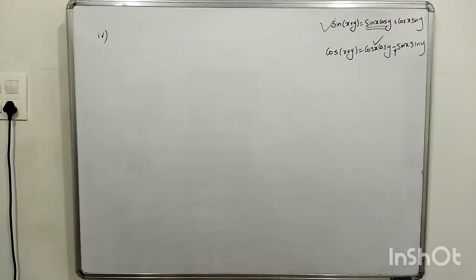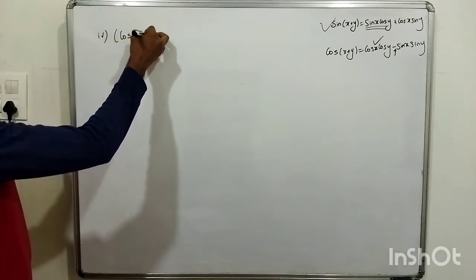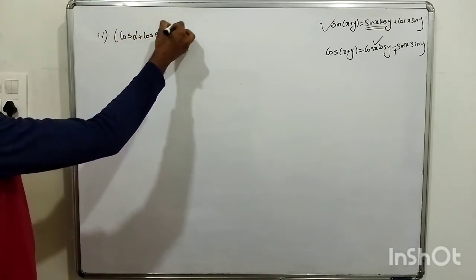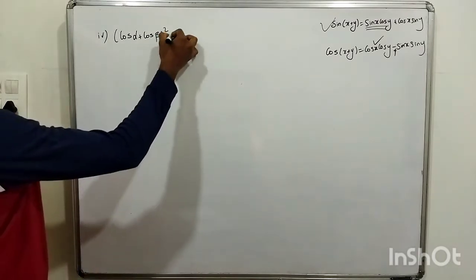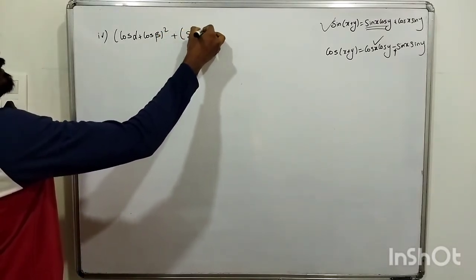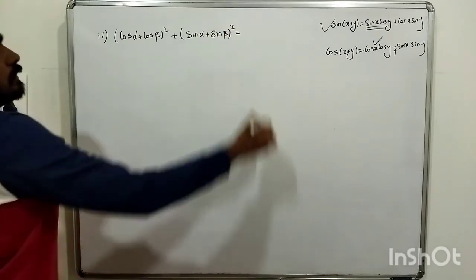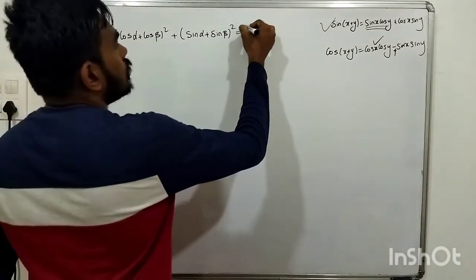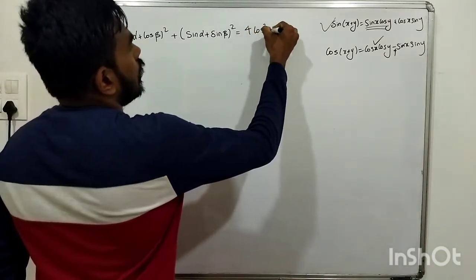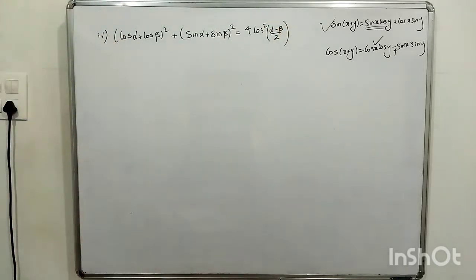(cos alpha plus cos beta) the whole square plus (sin alpha plus sin beta) the whole square is equal to 4 cos square (alpha minus beta) upon 2. So let's see whether we can solve this.